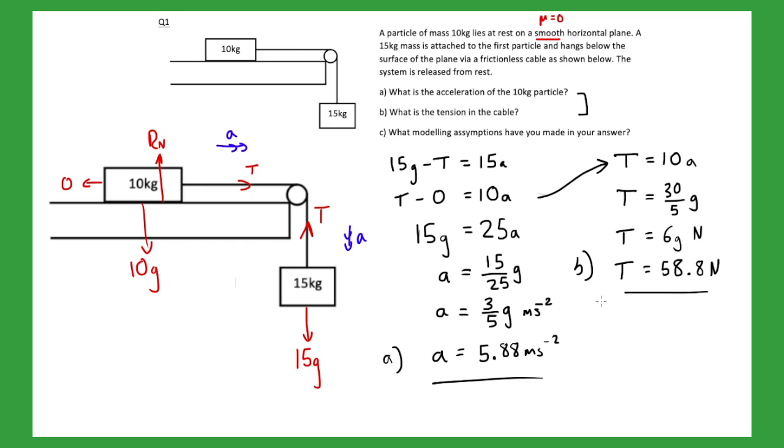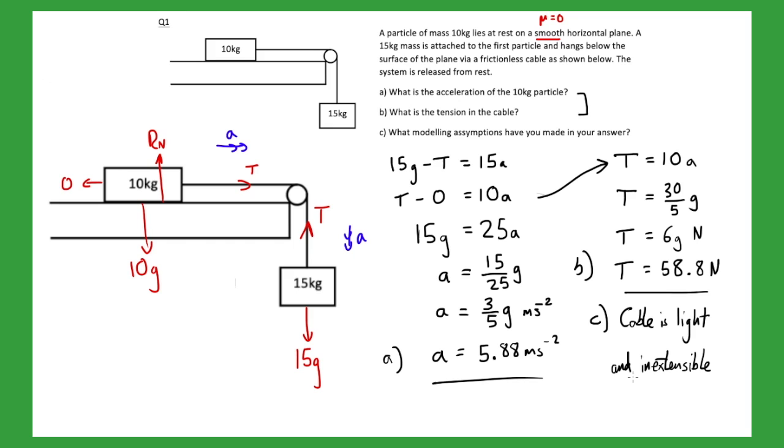There's part B. What modelling assumptions have you made? Well, we're told that it's a frictionless cable, but what it doesn't say is that it's light and inextensible. So the cable is light, has no mass, and inextensible, so no stretch.